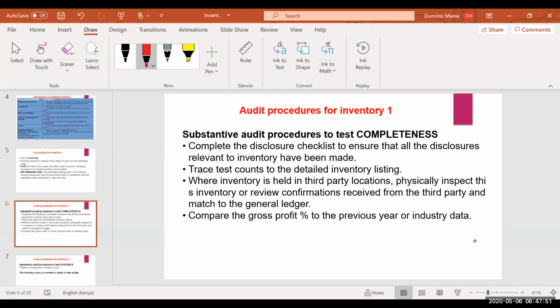So at this point, trace the test count result to the detailed inventory listing. Let me go back to emphasize that point.